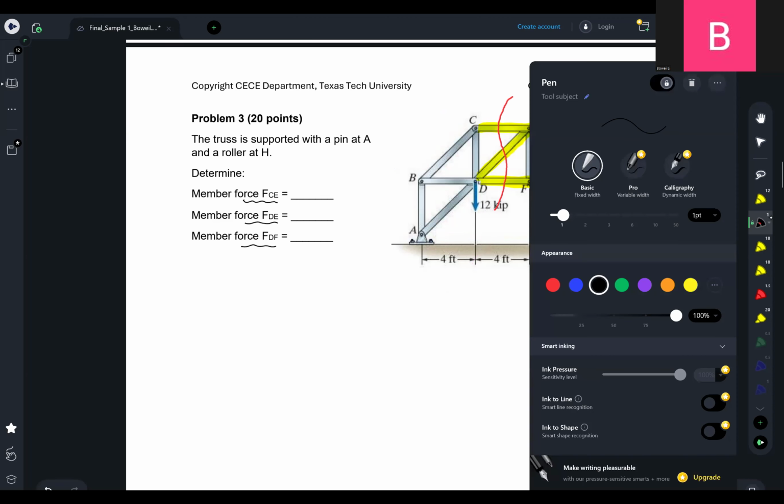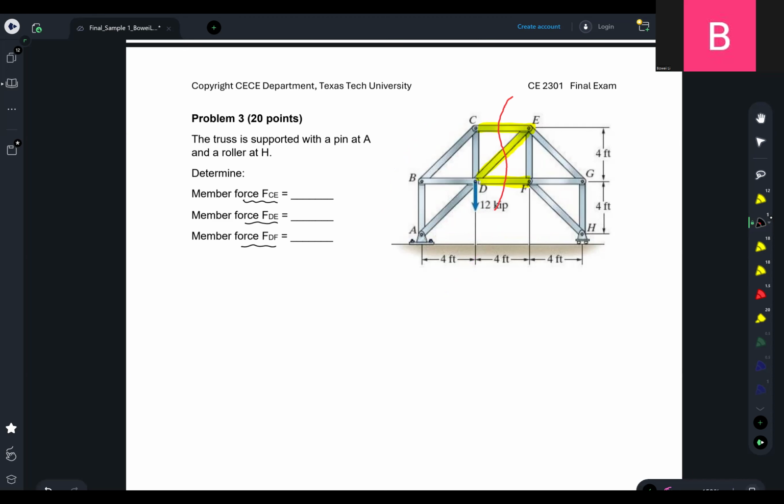Okay, so now we're going to approach that, and first we're going to solve the unknown support forces, which requires us to draw the free body diagram of the entire structure, right?